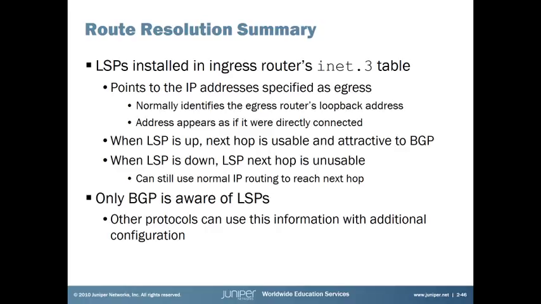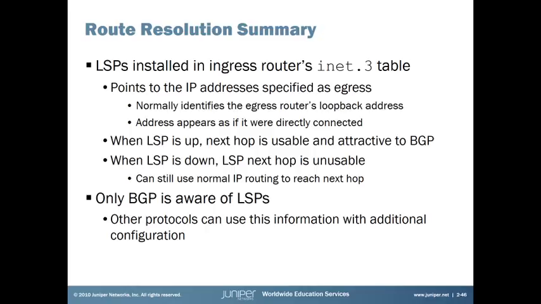Okay, so route resolution summary. Look at this. LSPs are installed in the ingress router's INET.3 table. They point to the IP address specified as the egress router on the LSP.